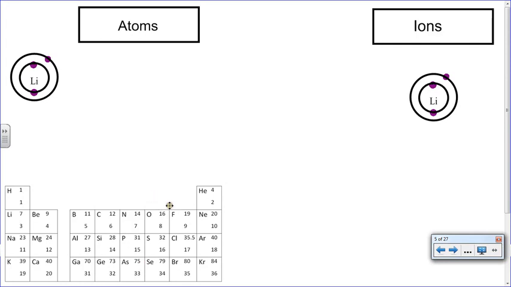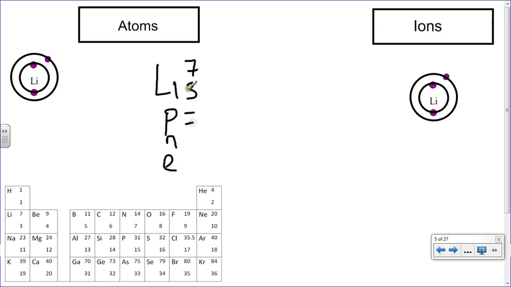Okay, let's see what happens to these atoms when they become ions, and let's try and look at the reasons for the charge they gain. So lithium is here, it's in group 1. And it has an atomic mass of 7, has an atomic number of 3. So we know from that we can work out the number of protons, neutrons and electrons.